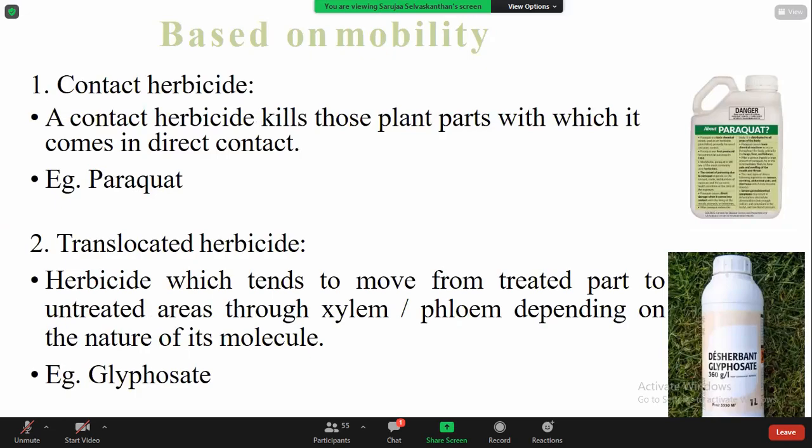Understood or not? Understood, sir. A translocated herbicide is transferred through the phloem and xylem, but contact only destroys the specific contact part, and other parts are not killed. An example of translocated is glyphosate.